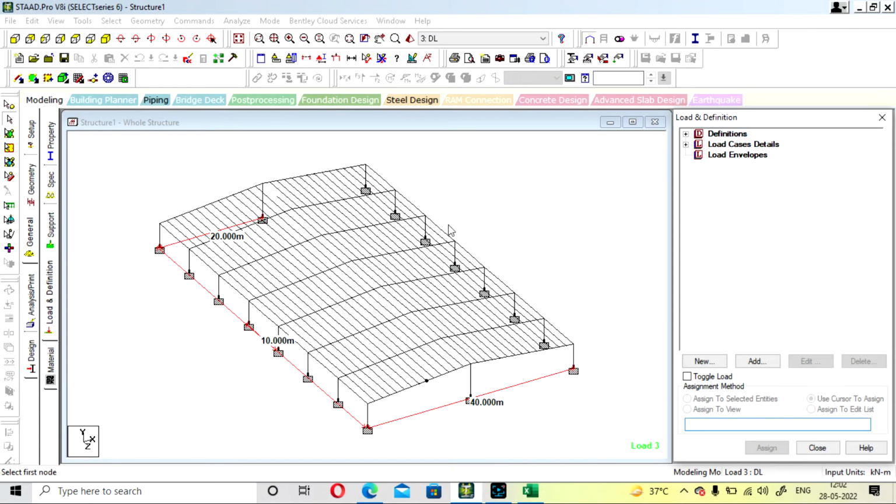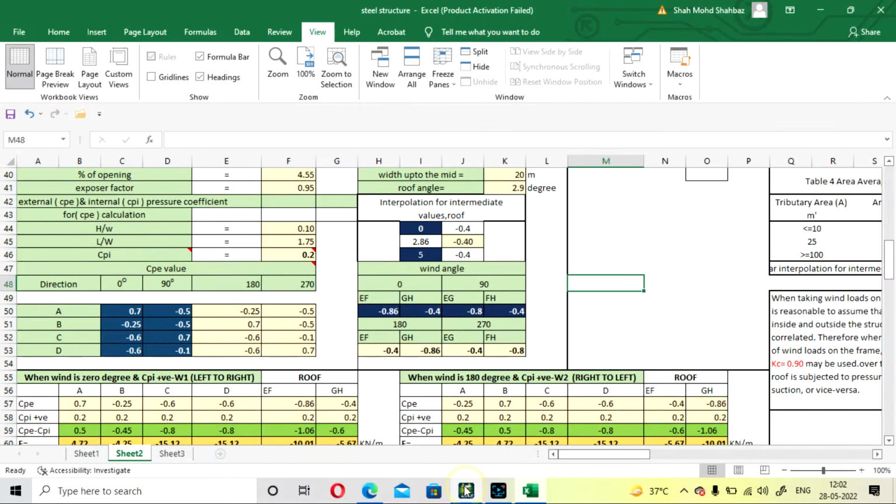That is 180 degree this and 270 degree this. So the code will give you only the two direction values. You have to calculate according to this. So we have arranged this value accordingly. All you need to do is fill the 0 degree and 90 degree values and it will calculate it.